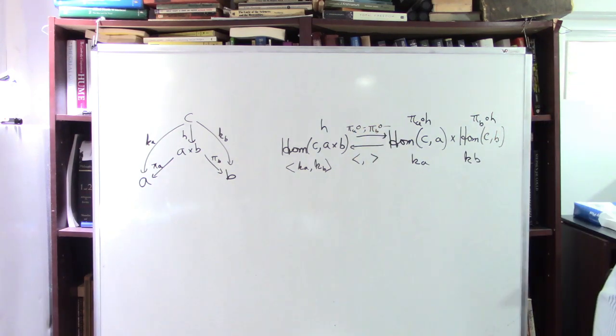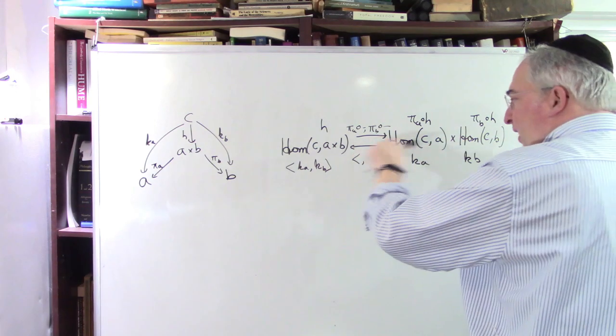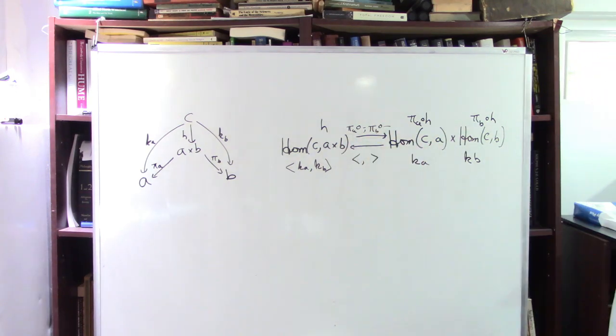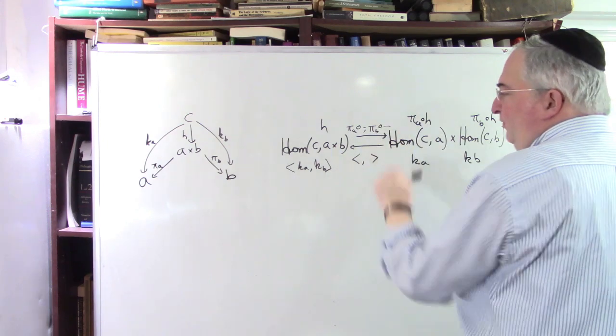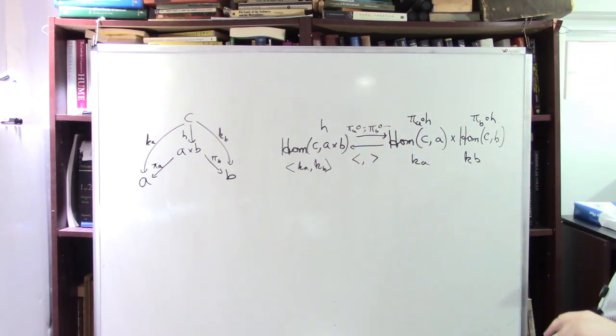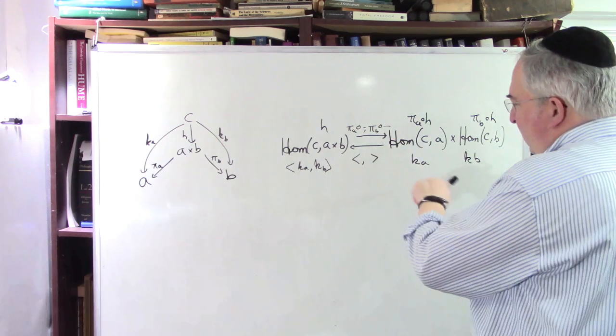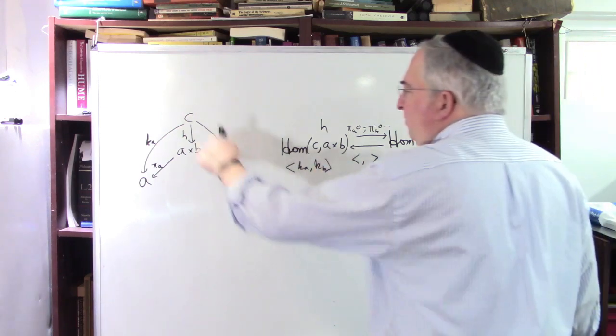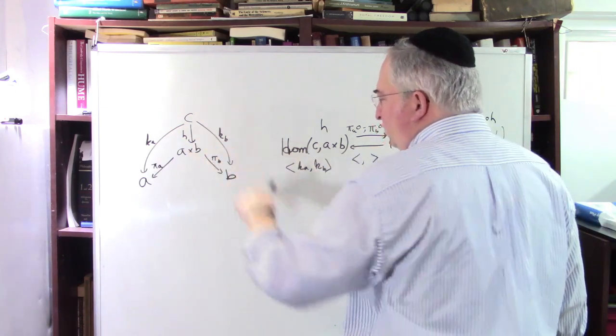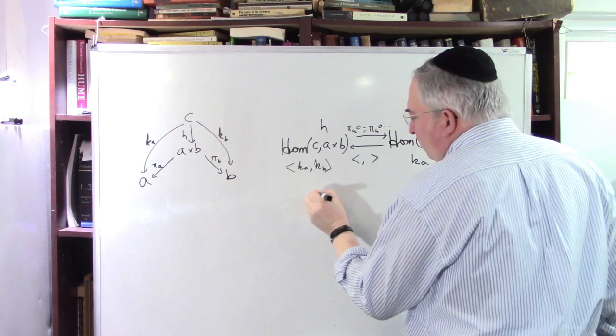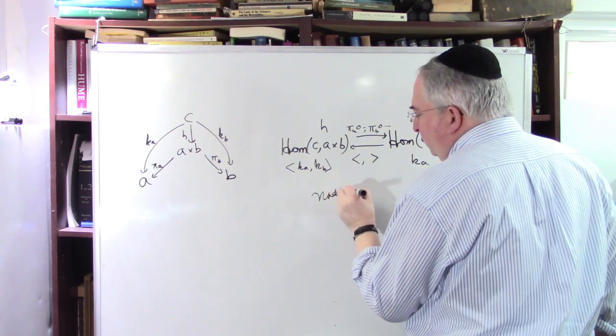Okay. Anyways, it turns out these two maps are inverse of each other. In other words, they're isomorphic. Now, we need another requirement. I didn't say that this makes these things commute. Okay, that other requirement is called naturality.